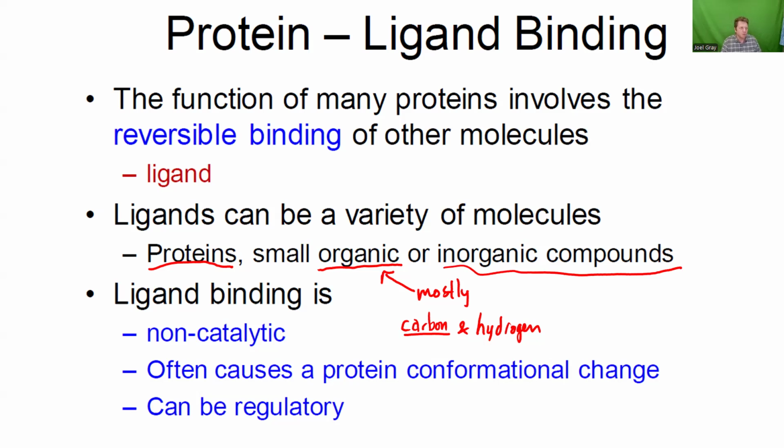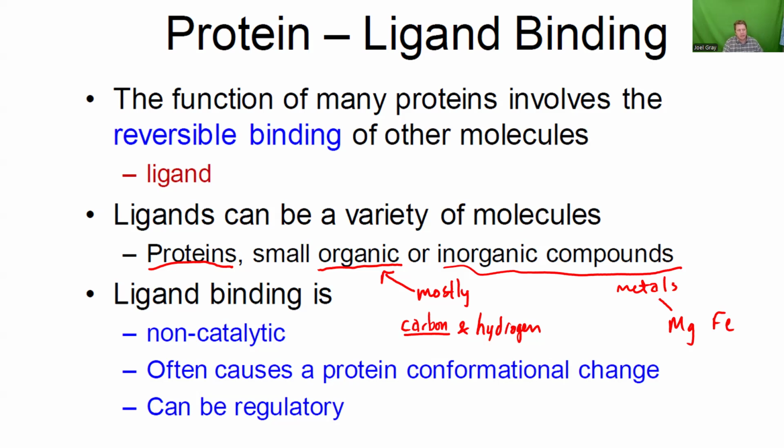Whenever they talk about inorganic compounds and inorganic chemistry, we're mostly talking about metals. A metal like magnesium or iron, Mg for magnesium, Fe for iron. Those are both examples of ligands.